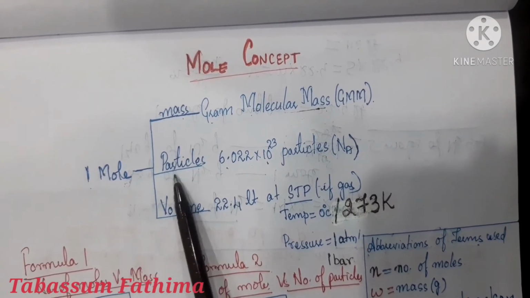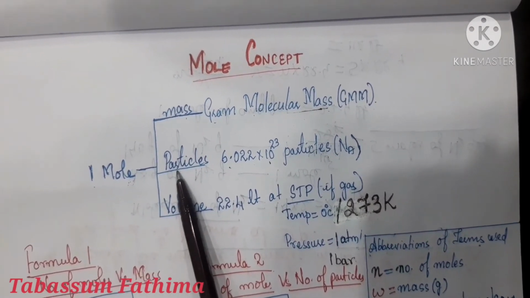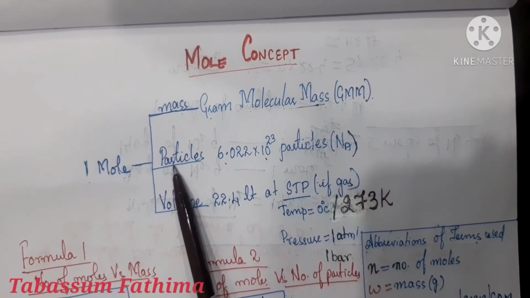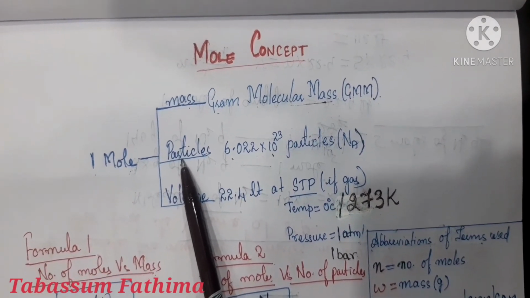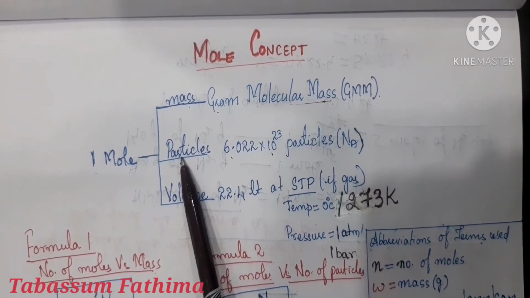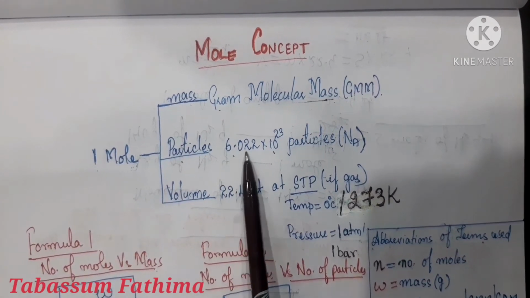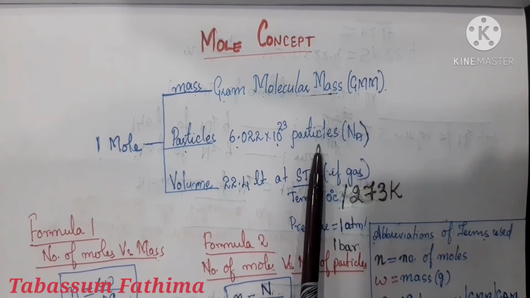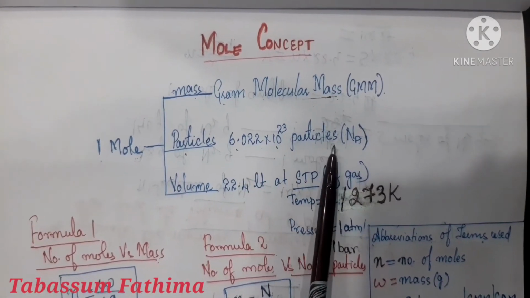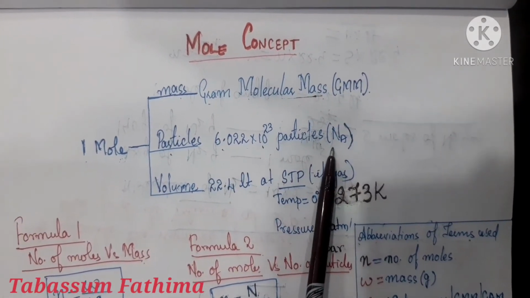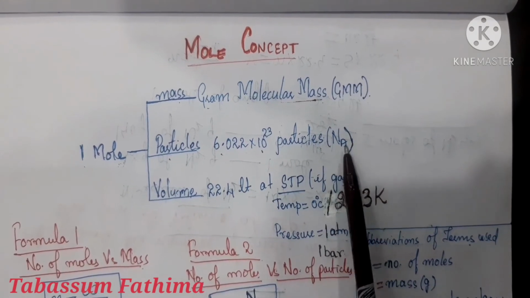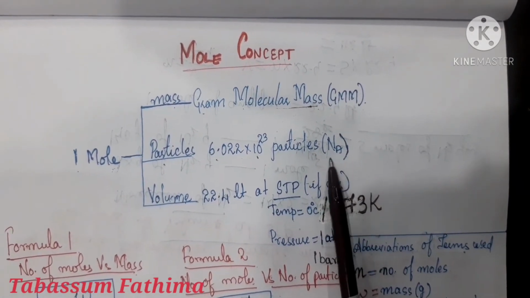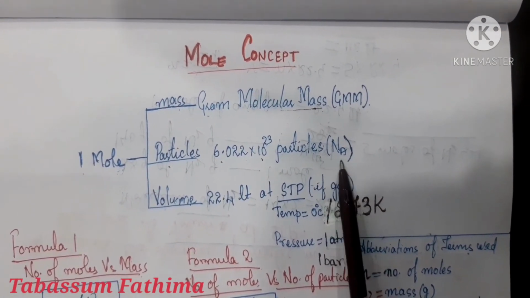In the same way, 1 mole of any particle, either atom, ion, or molecule, is equal to 6.022 into 10 to the power of 23 particles. That is the number given by Avogadro. That is why it is called Avogadro number and designated as Na.